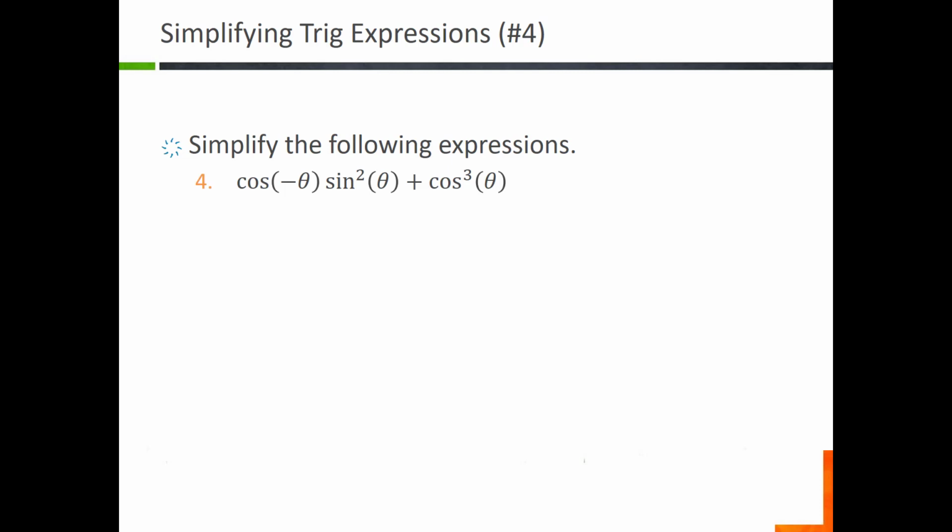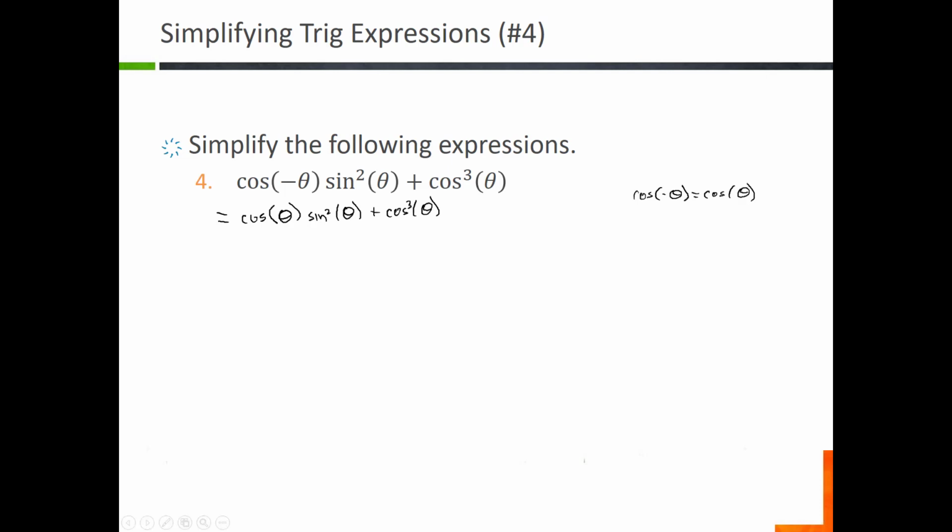So we want to use our even-odd identity. And so our even-odd identity says that the cosine of a negative theta is just equal to the cosine of a positive theta. So we can get rid of that negative. So the first thing I'm going to do is just a little even-odd identity. Rewrite this as the cosine of theta times sine squared of theta plus a cosine cubed of theta.